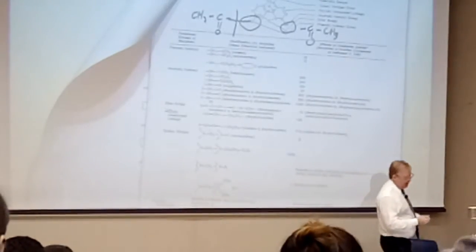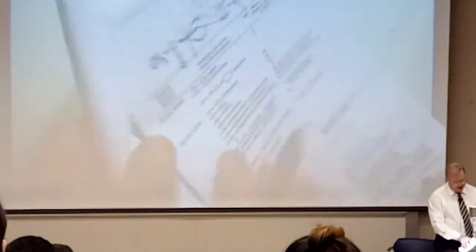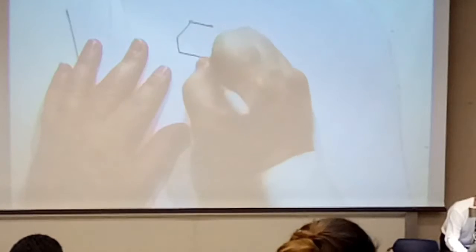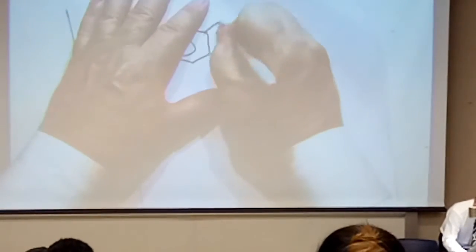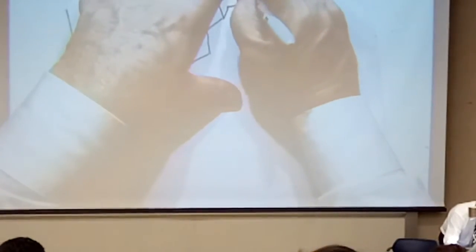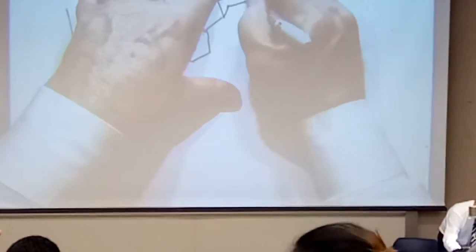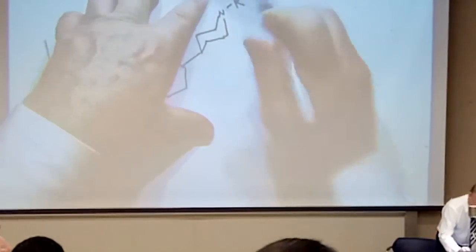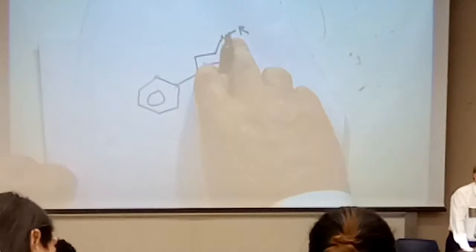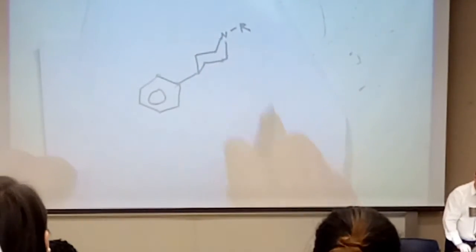Now, one last thing before we go. It seems that the pharmacophore, the absolute pharmacophore required for activity at opiate receptors, when you break it all down, what's absolutely required? This nitrogen must be alkylated.